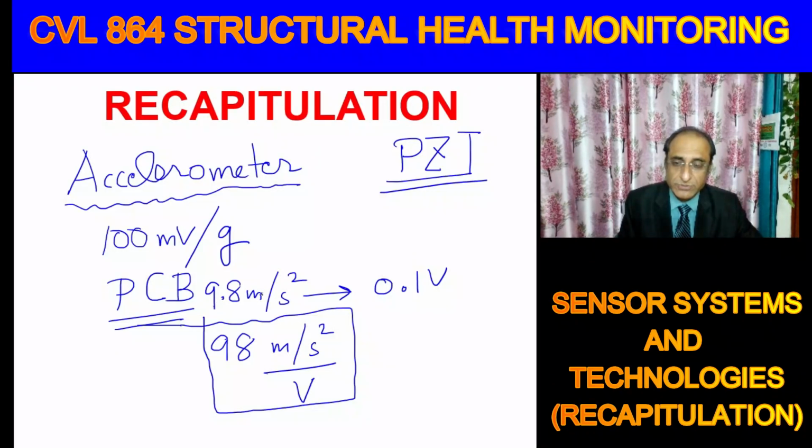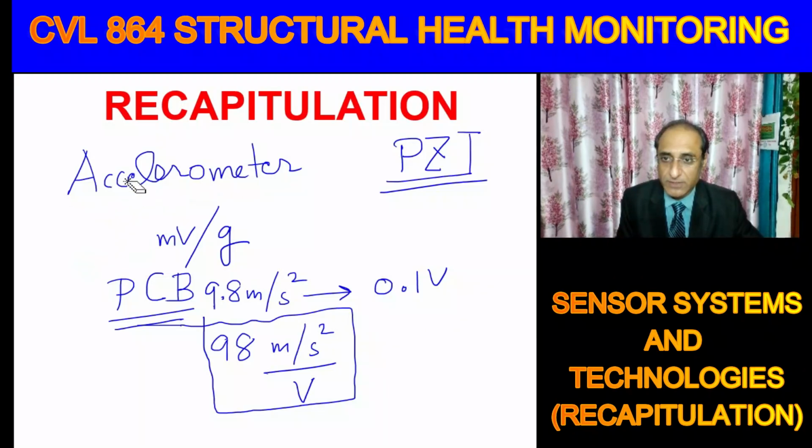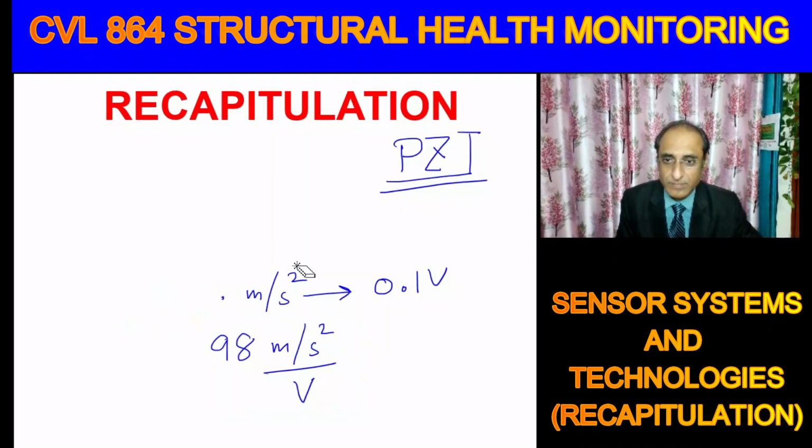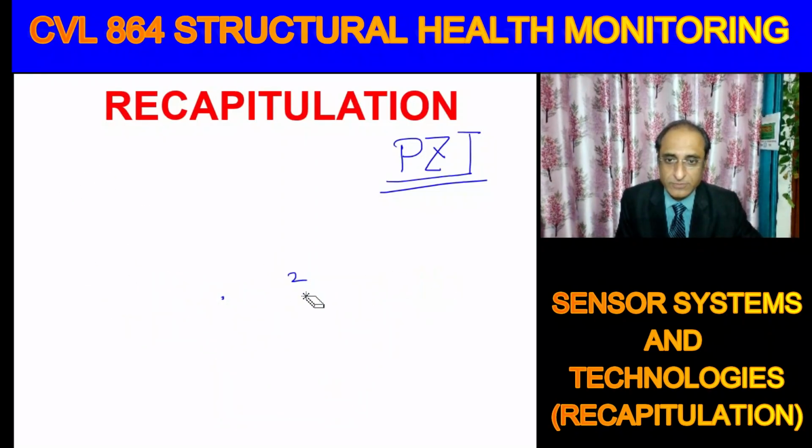and let's now come to the piezos. For piezos I need to make another sheet like this, so just hold on. Let me erase this out. For piezo sensors we had basically seen two effects.